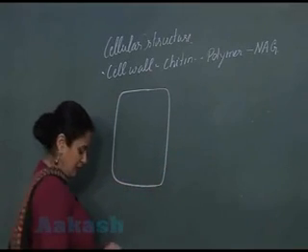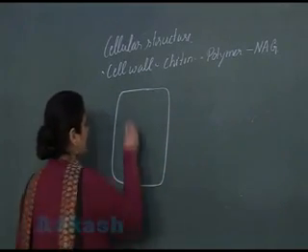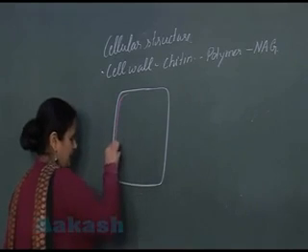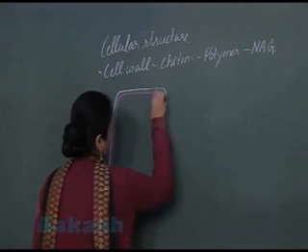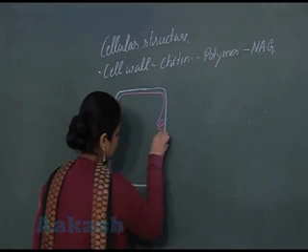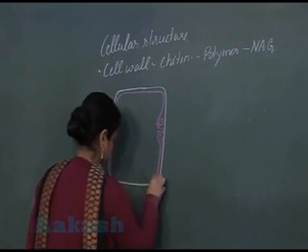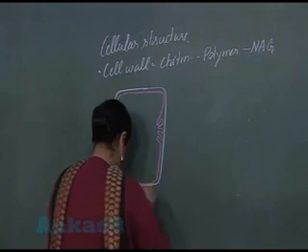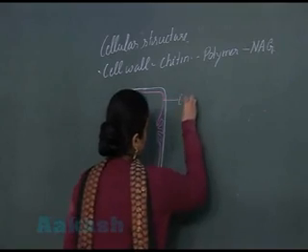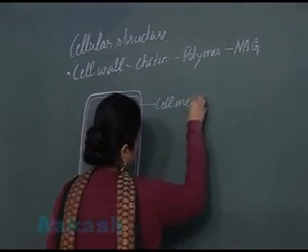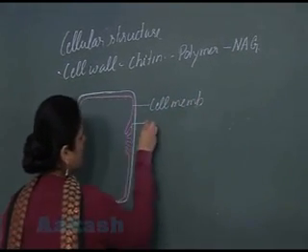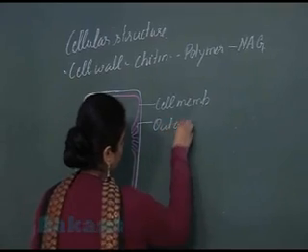that is cell wall. अब cell wall के बाद I am forming cell membrane. This is cell membrane, and you can see here outgrowth of cell membrane.